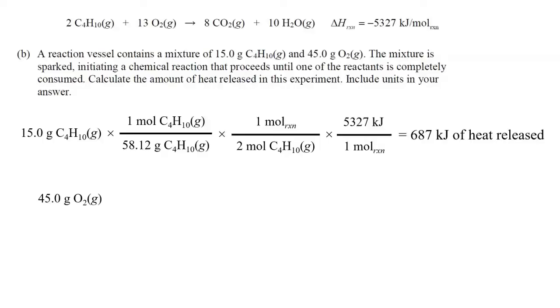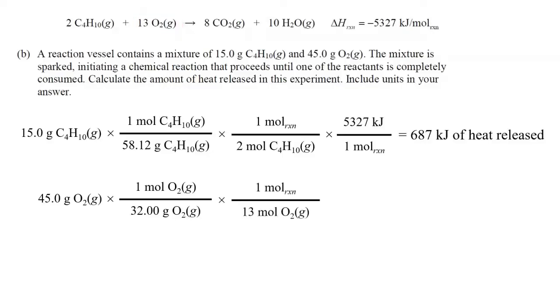Again, the limiting reactant is going to be the reactant that produces a smaller amount of heat in our stoichiometry calculation. So let me go from grams to moles. So for O2, 1 mole of O2 would be 32.00 grams. Now, using the concept of mole of reaction, I can see from the coefficients in the balanced chemical equation that for every 1 mole of reaction, there's 13 moles of O2.